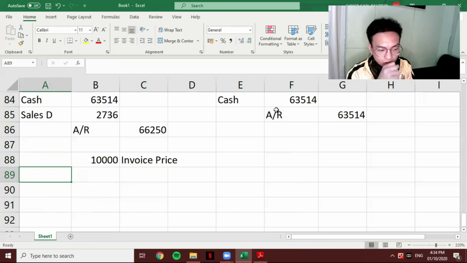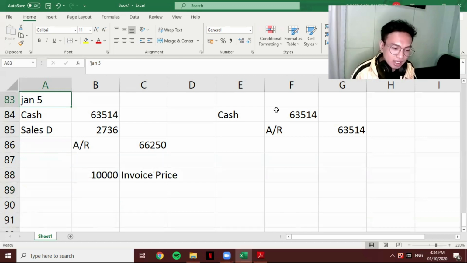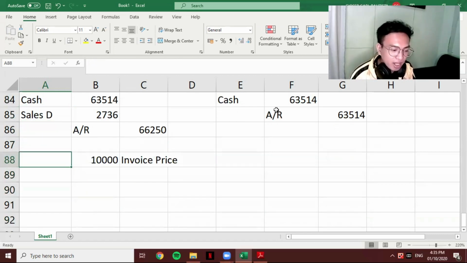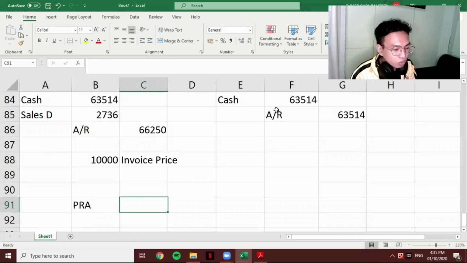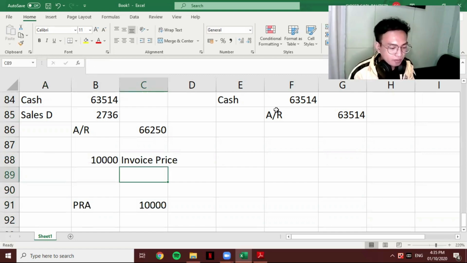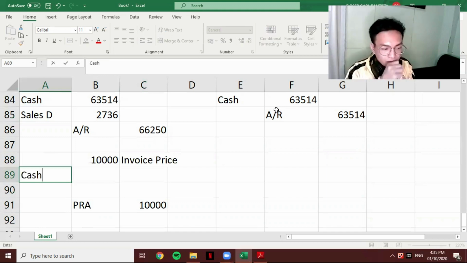So, if the case is nakapagbayad sila within the discount period, how do we return this 10,000 pesos? We have purchase returns ulit amounting to 10,000 kasi yun nga ang invoice price na binalik.